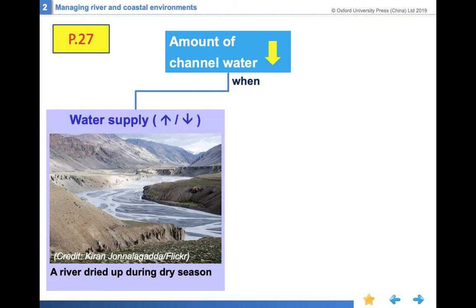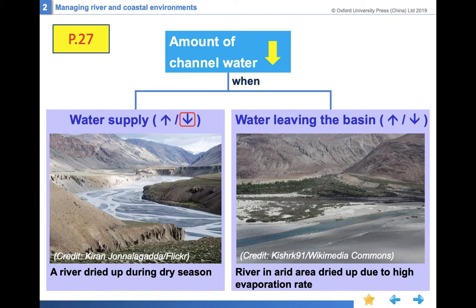So you could see in the dry season, where the water supply decreases, and when the water is leaving the basin at the river mouth, so let me explain it this way.